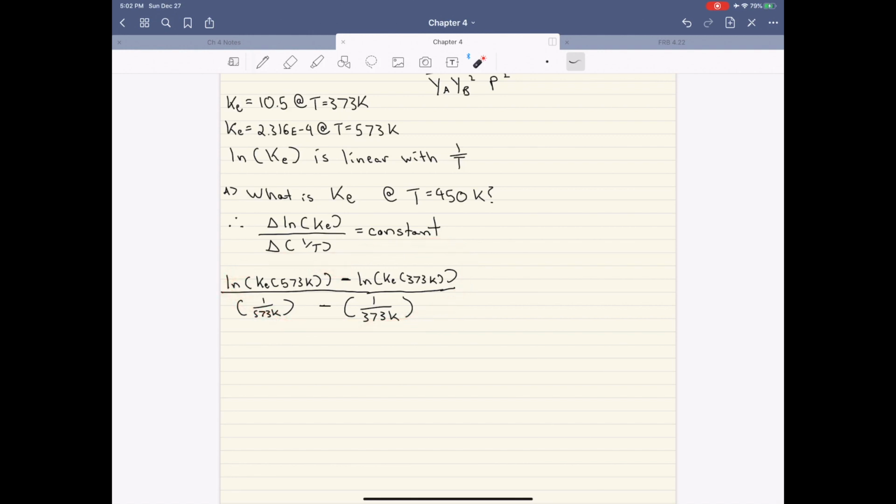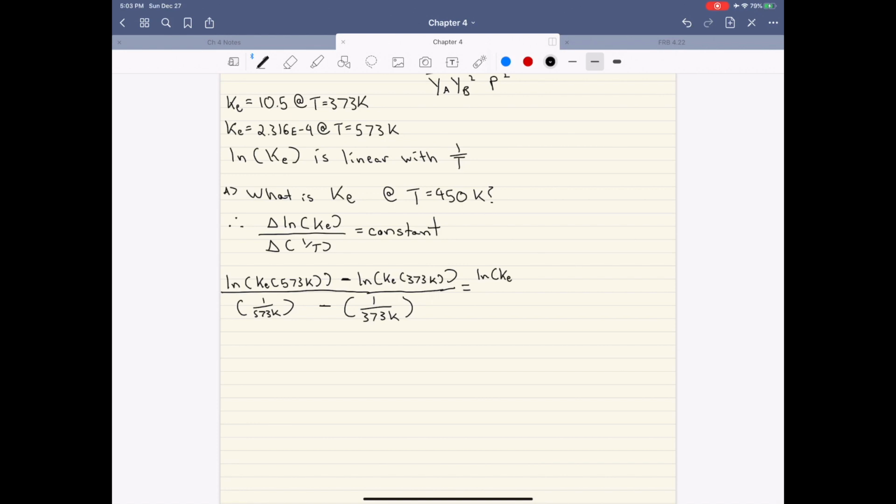The problem statement wants us to figure out what Ke at 450 K is, and in order to do that, we need to harness the linear relationship. We know that the ratio here is a constant. So what we could do is equate this left-hand side of the equation to a similar term on the right-hand side.